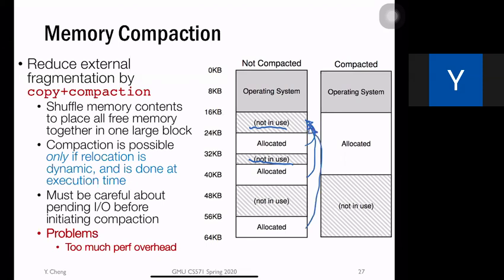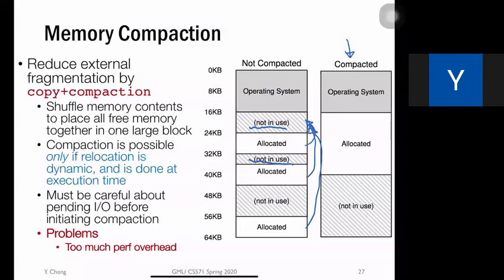So as to come up with a huge contiguous free memory space, to effectively accommodate huge memory allocation requests from, let's say, some memory intensive programs. The right-hand side of the slide shows the memory layout after the memory compaction operation is done.